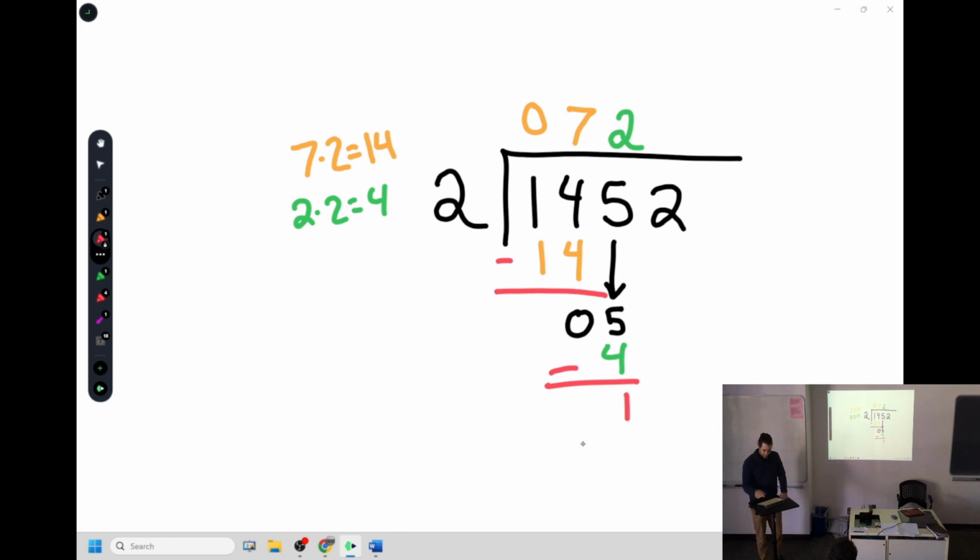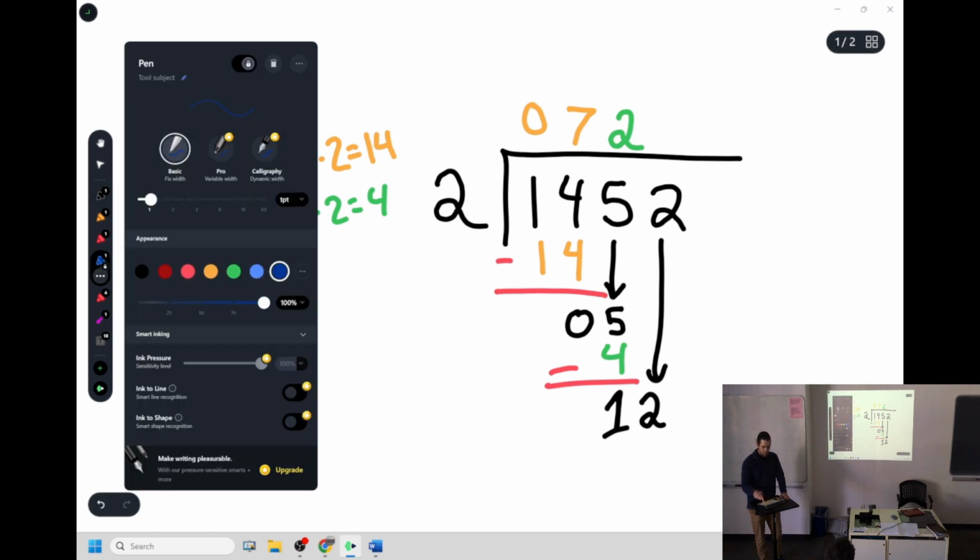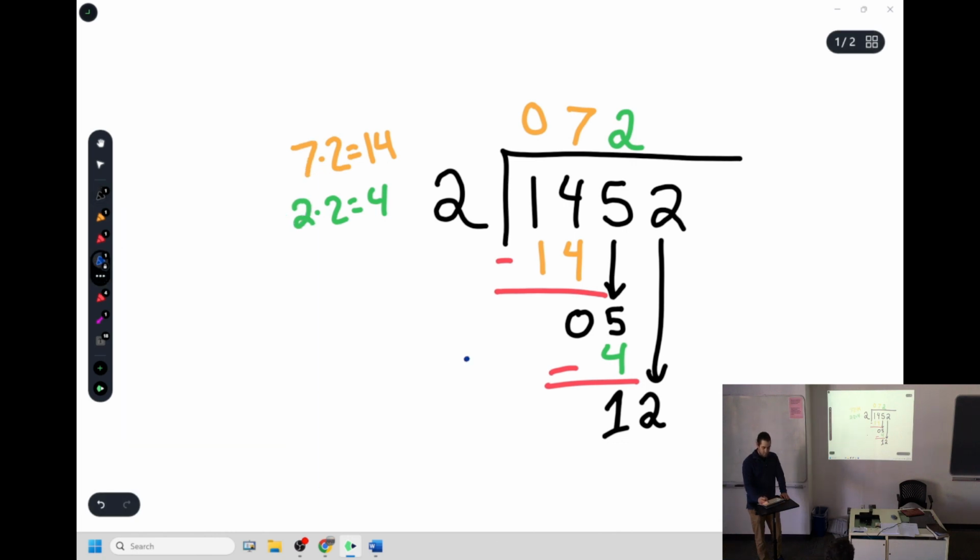But 5, oh, wait, do we do it in the color? What do we do here? Black? Got to get a new color. Make it blue. 2 times 6 equals, oh, look at that.